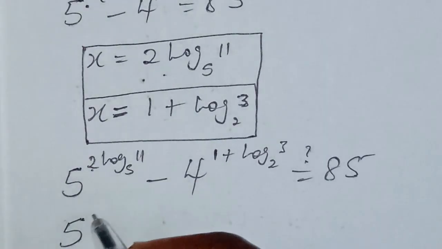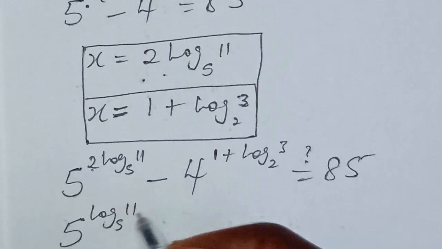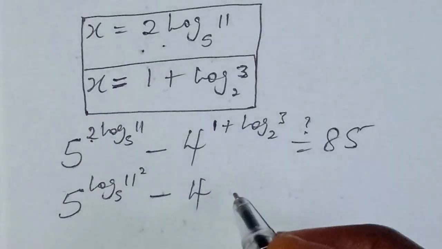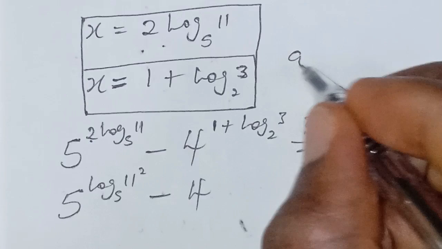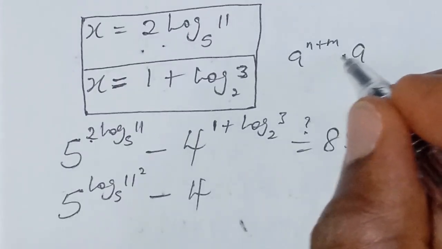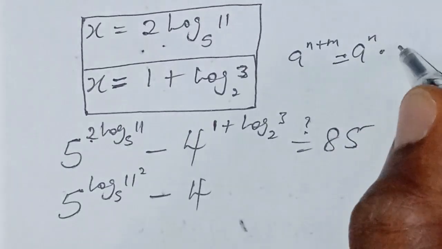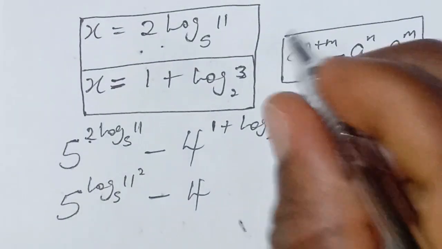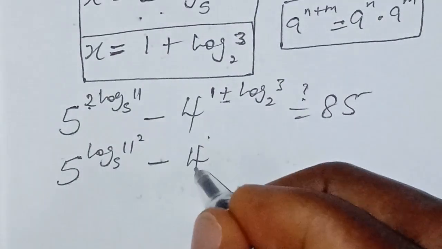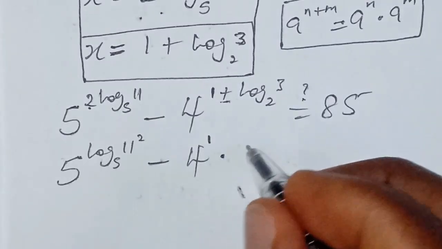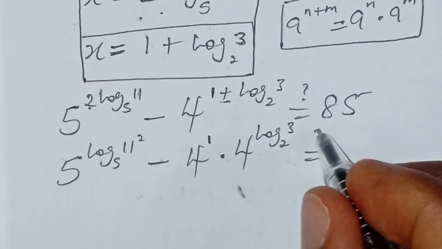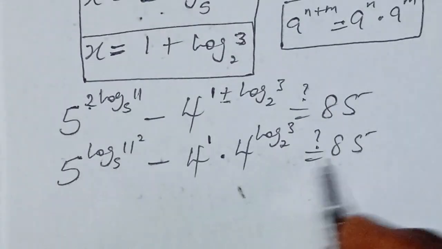So we have 5 raised to power log base 5 11 power 2 minus, this will be split using the exponent rule, which implies if you have a power n plus m, you can split it as equal to a power n multiplied by a power m. So we split this as that. So we now have 4 raised to power 1 multiplied by 4 raised to power log of base 2 3 equal to 85. Would that be equal to 85?